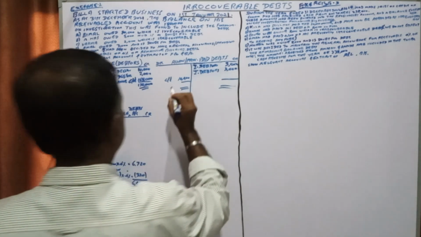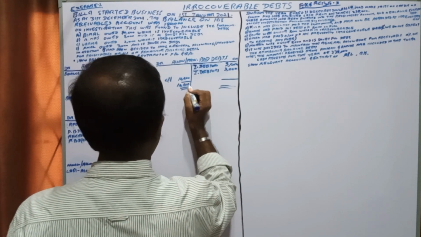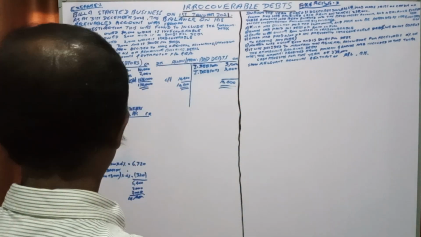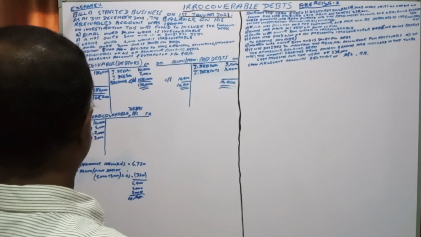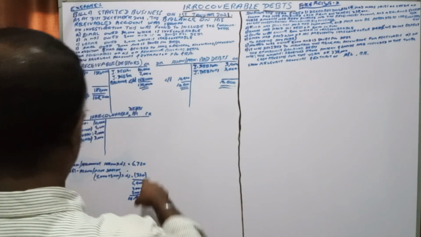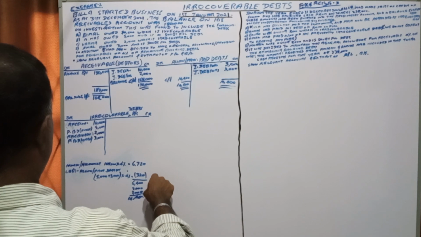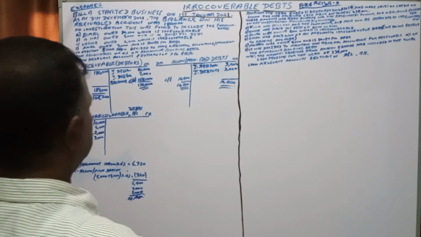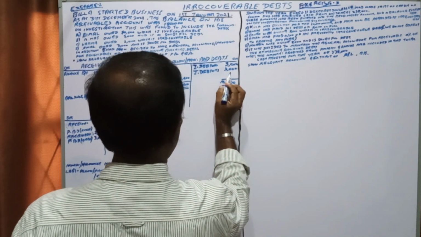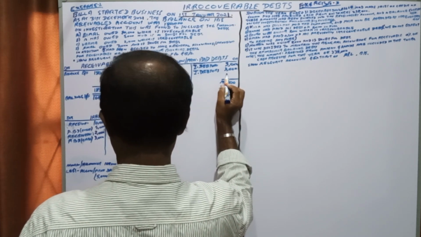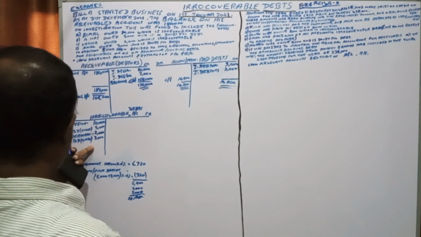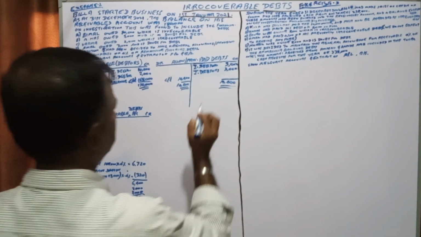The difference is 14,400 minus 8,000, which is 6,720.